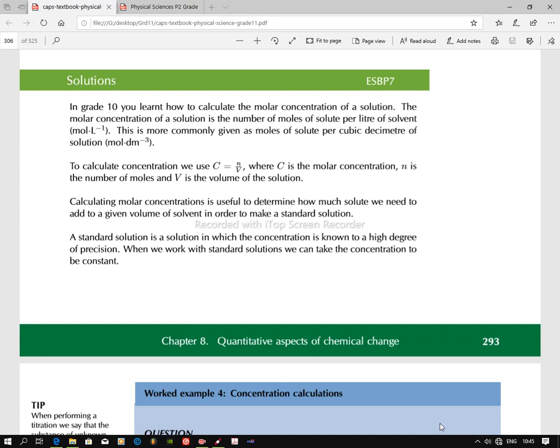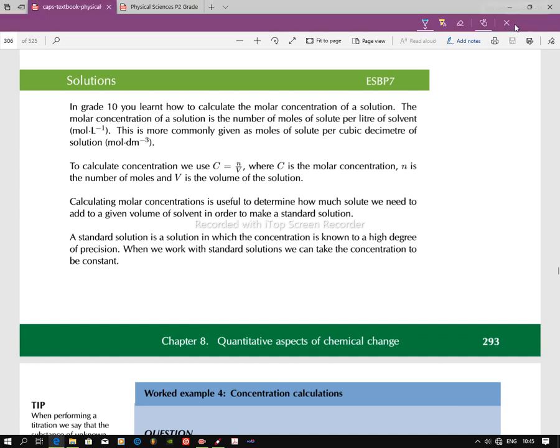Therefore that's the SI unit for that. Let me highlight this for you, using the color green.